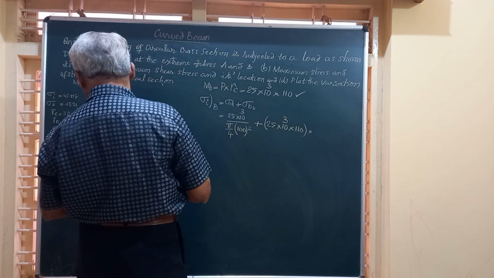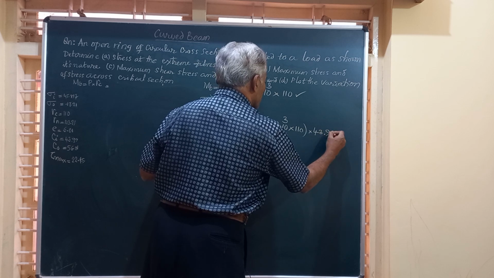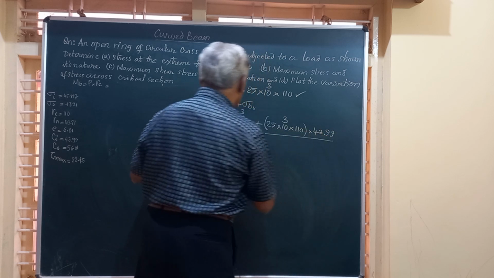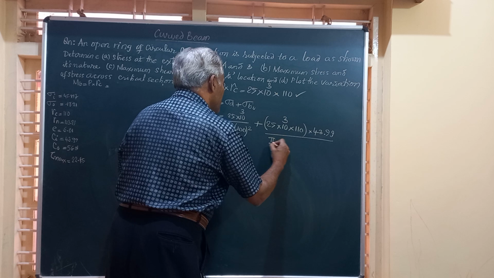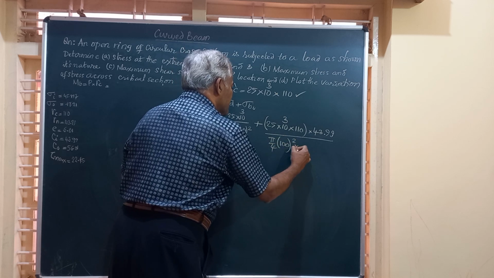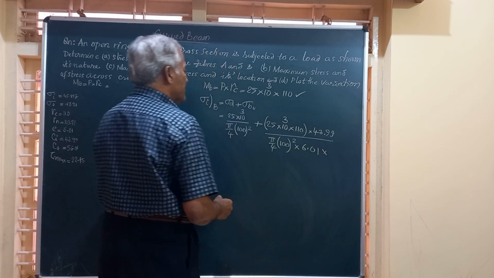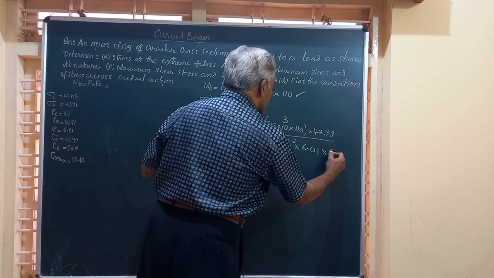That CI is 43.99, divided by A E Ri. A is pi by 4 D square. Eccentricity 6.01 multiplied by Ri, which is 60.